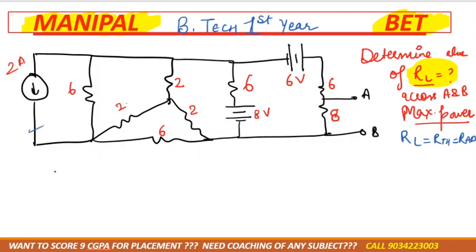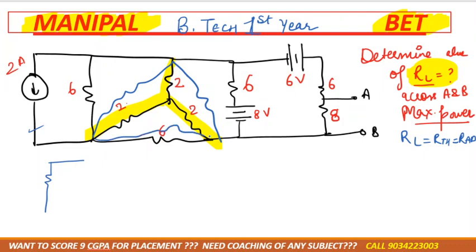For that, the current source must be open circuit, and this is delta. Delta we can convert it to star, or one more, this is star, right? Star can be converted into delta, right? So I told you to mark the points, solve it, then this value becomes 6 ohm.